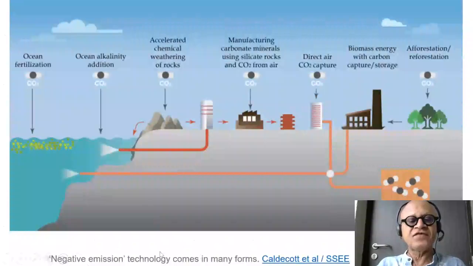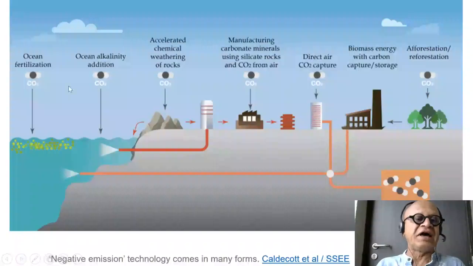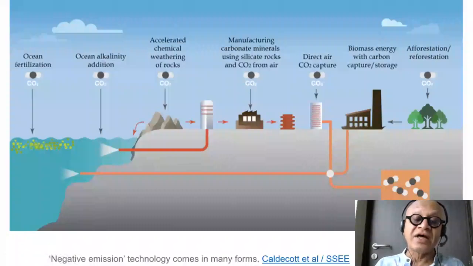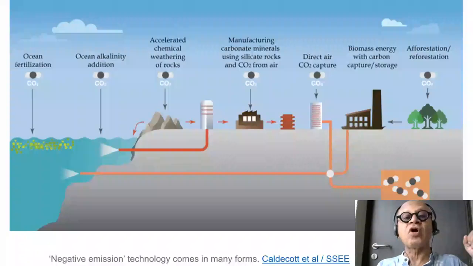Here are the negative emission technologies that are coming in various forms now. We won't go into details. Ocean fertilization is an idea that there are places where certain nutrients like iron are deficient, so if you drop iron into the ocean, more photosynthesis happens and it can take up additional carbon.